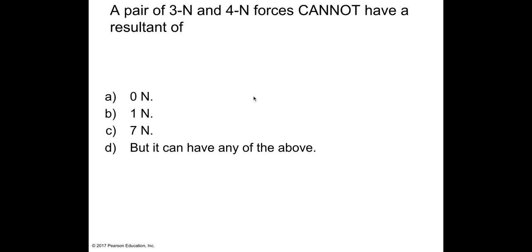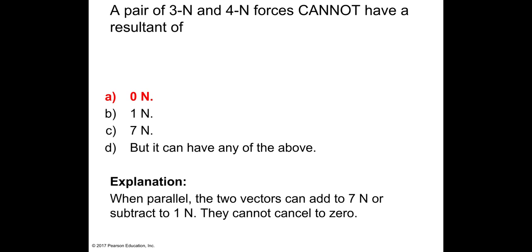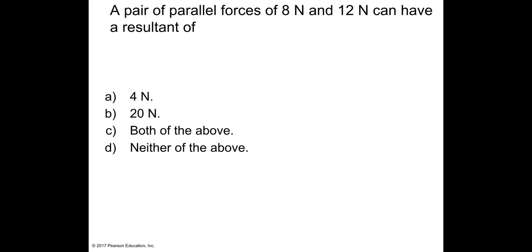But there's just no way you can arrange these forces, whether in the same direction or in opposite directions, such that they will cancel one another. Because for you to have a net force of zero, it means that the forces cancel one another. And therefore, these two forces cannot have a net force of zero. I hope that makes sense. If you have any other question, you can follow up with me during class.